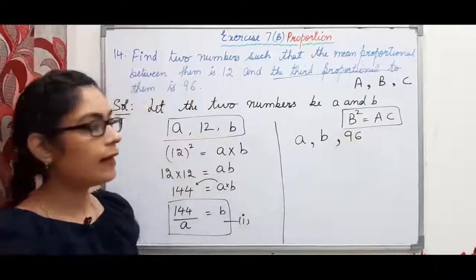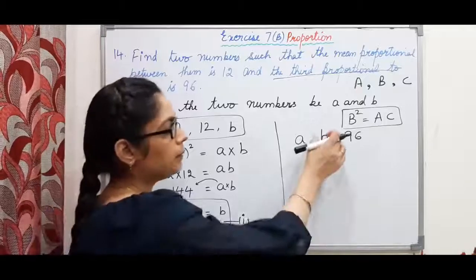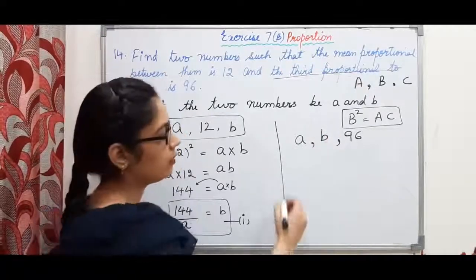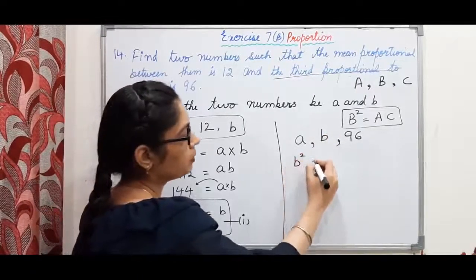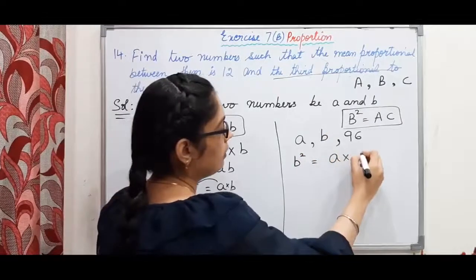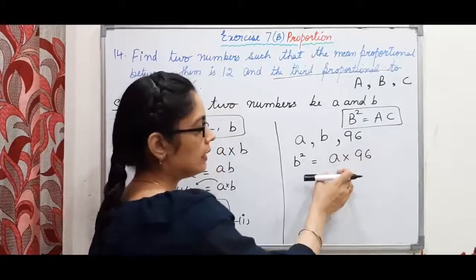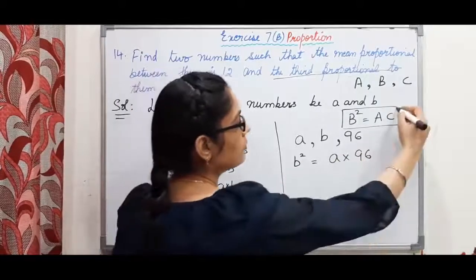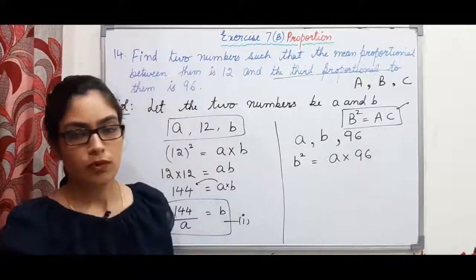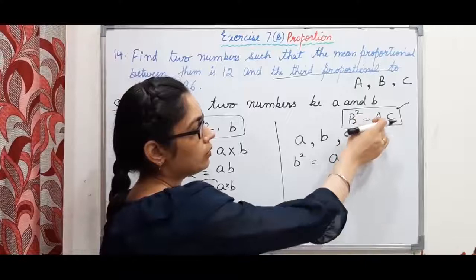Again writing b square equals ac, my mean proportional is b. The square of the mean proportional equals the product of the first and third proportionals. So b square equals a into 96. This is the formula of continued proportion, b square equals ac.